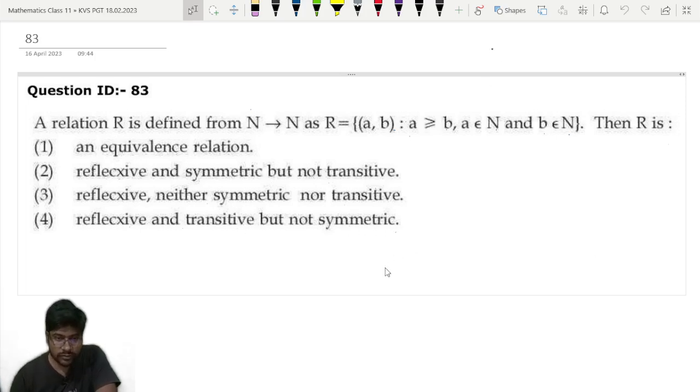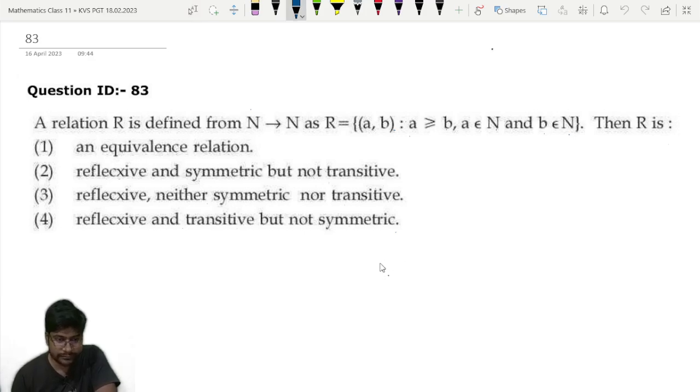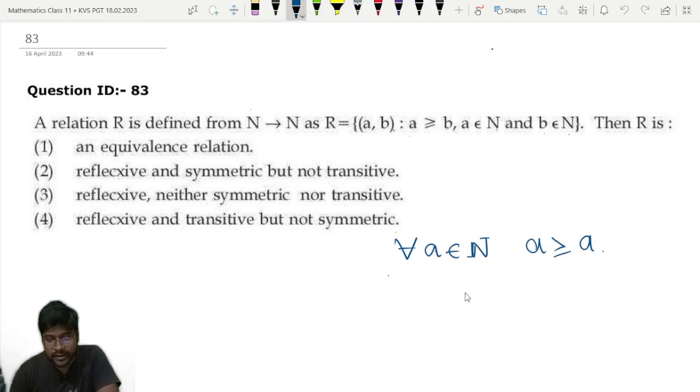So which option will be correct then? That means we have to check the types of relations. First try to check the reflexivity. We know that for all a belongs to N, a is greater than or equal to a. From here we can write that this implies (a, a) belongs to R, sorry, this will be only R, simple R. R is the relation, not the set of real numbers.